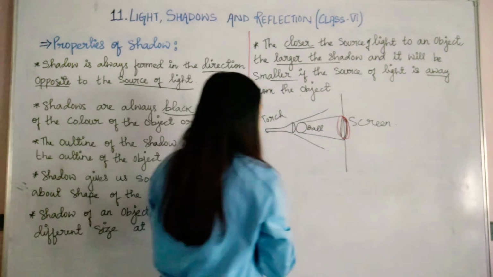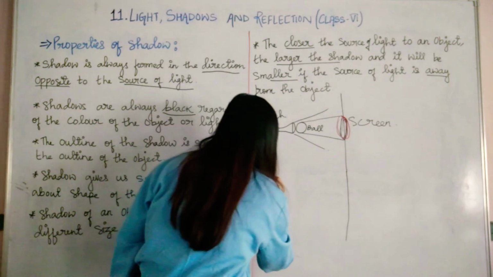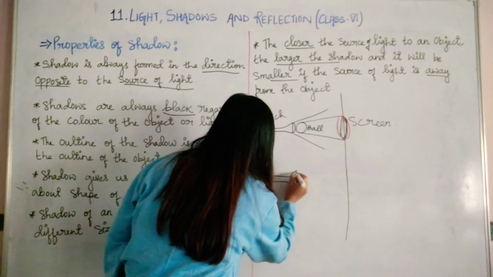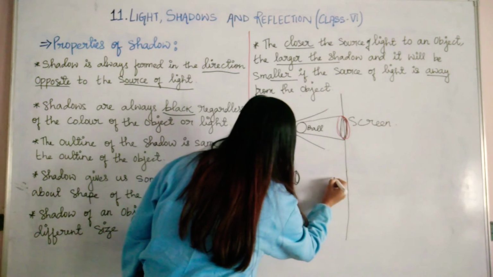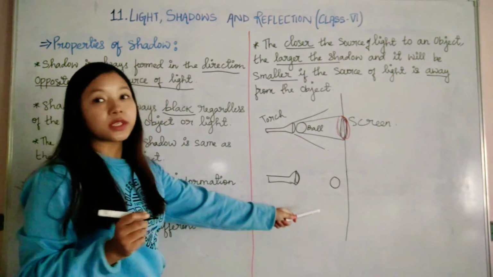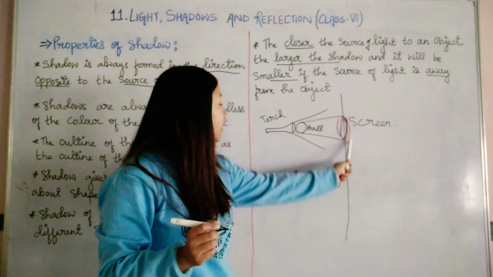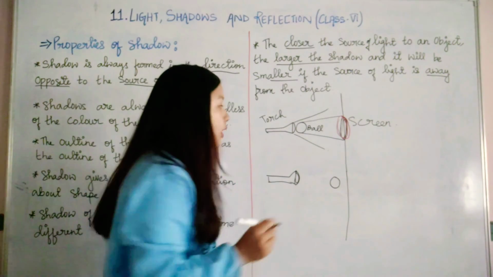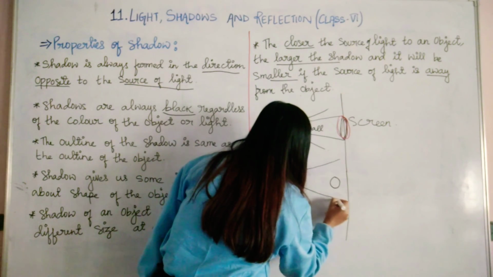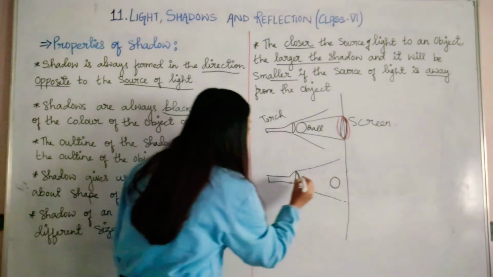On the other hand, let's say again I have the same torch, but the ball or the object is now far away from the source of light and nearer to the screen. Here you see again this is the range of the torch light. Then what will happen?